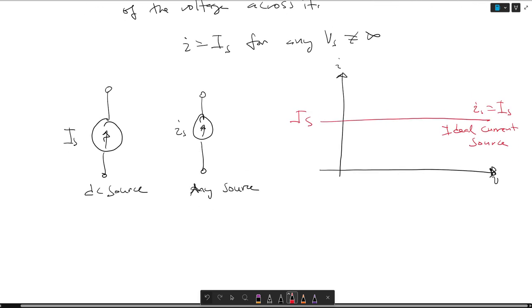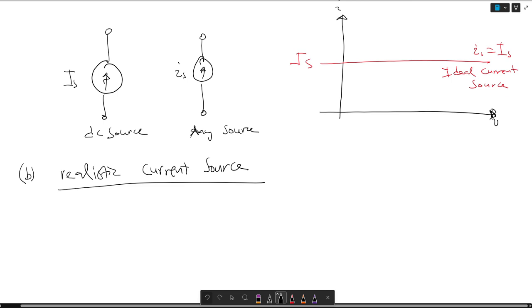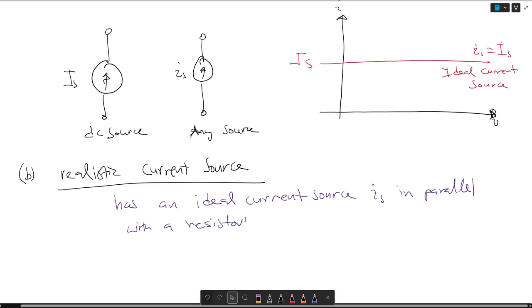But again, we live in the real world, so we need to identify what it looks like realistically. A realistic current source consists of an ideal current source, IS, in parallel this time with a resistor, RS.